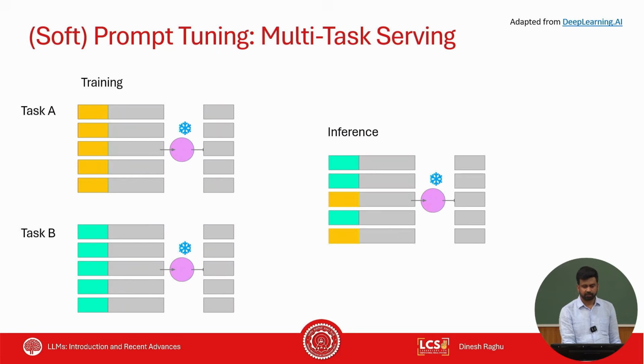And now the good part is during inference, it's so easy, right? You just need to host the base LLM, and when you create batches to feed to your LLM to predict the output, you can just batch in whatever task you want based on what traffic comes in, right?